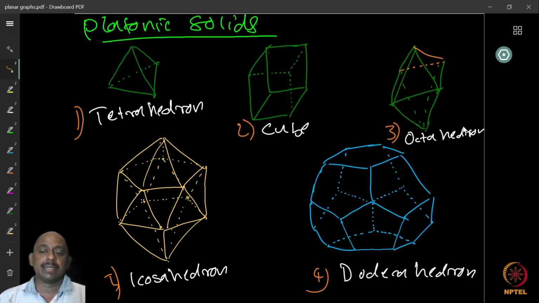But we will see something very nice about this, a relation between the vertices, edges, and faces, which was proved by Leonhard Euler, and that has been generalized to planar graphs as well.